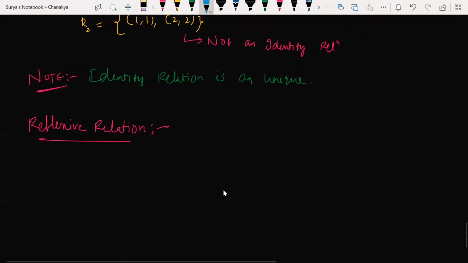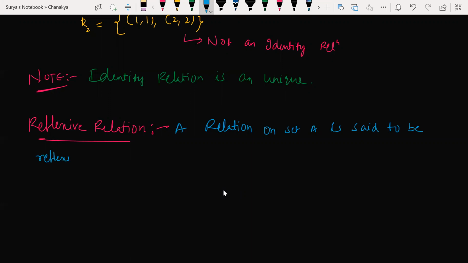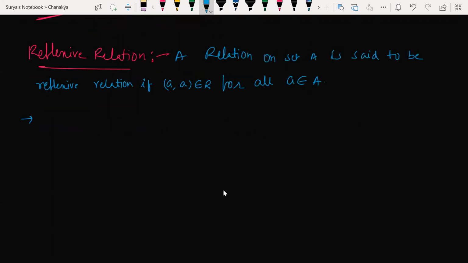Let me write. A relation on set A is said to be a reflexive relation if A comma A belongs to R for all A belongs to set A. So suppose, let's take an example.